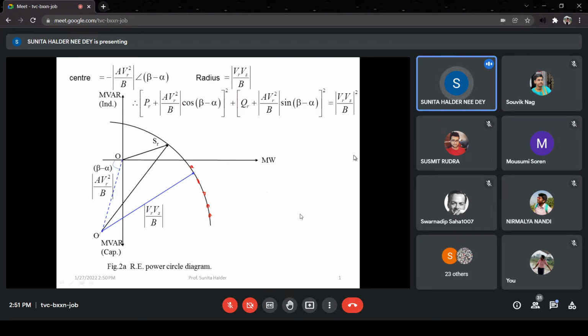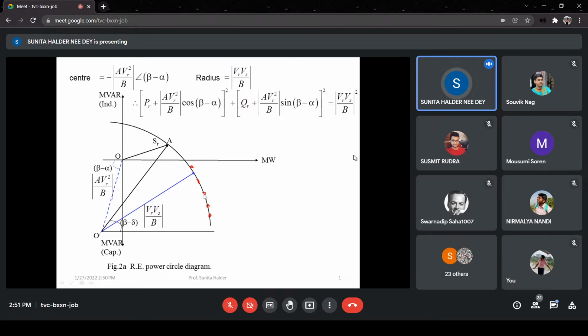The radius will obviously be the same. So say A is the operating point. Then obviously it is making an angle beta minus delta with the horizontal axis, right? So A VR square by B cos beta minus delta, this angle O dash A.